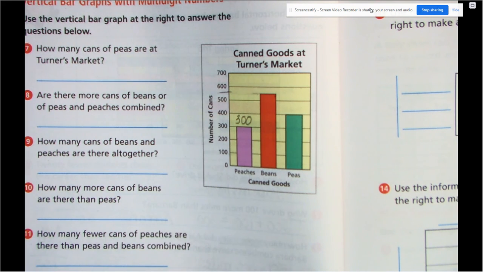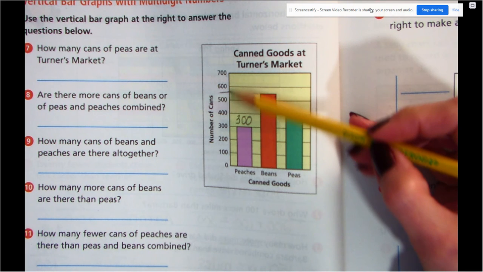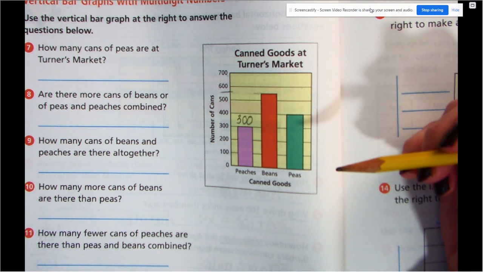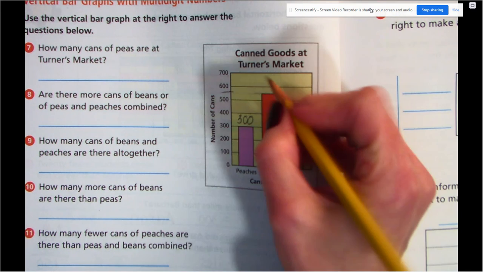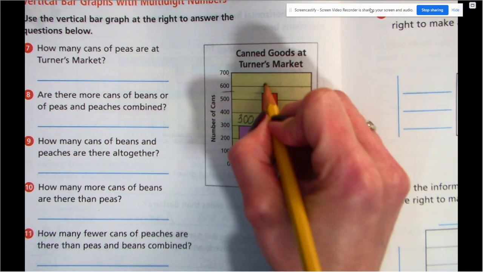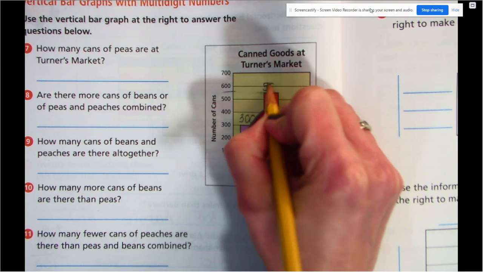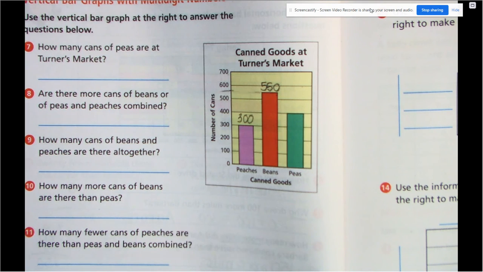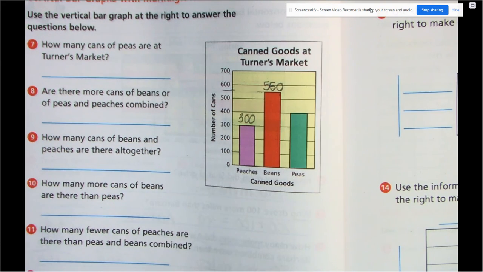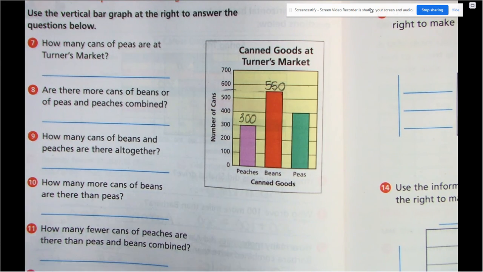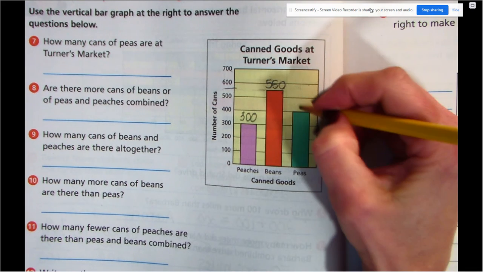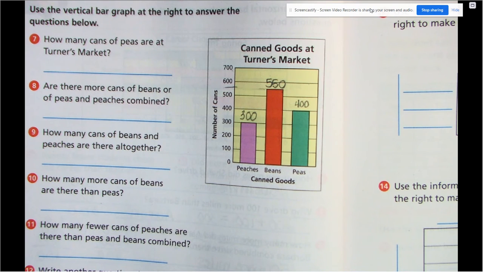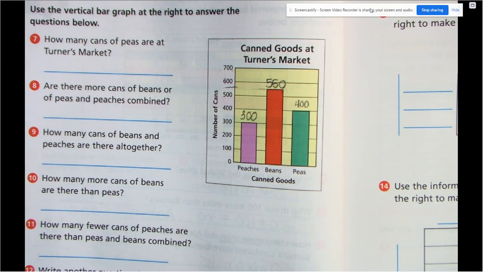These are hops of 100. What's halfway in between of 100? Yeah, it's the 50 mark. So this is going to be 550 cans of beans. And for peas, go ahead and write that number on the top as well. It's going to be 400. So we've done part of the work. Now we can answer some questions.